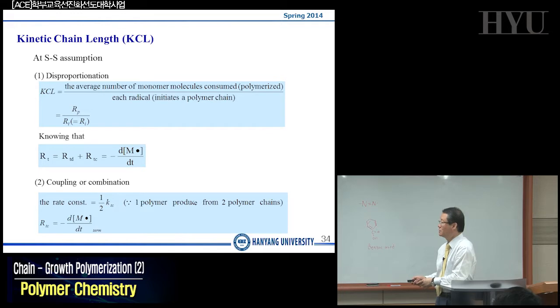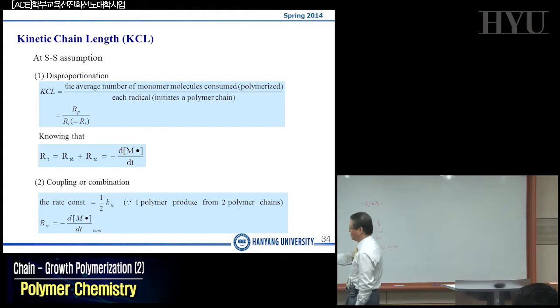Okay? Now, for coupling reaction, which is the Rtc case, the rate constant KTC is half of the concentration, in the case of disproportionation, because one polymer is produced from two growing chains. This is not polymer, but growing chains.